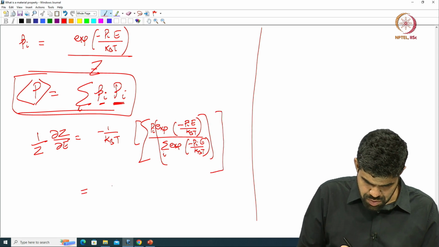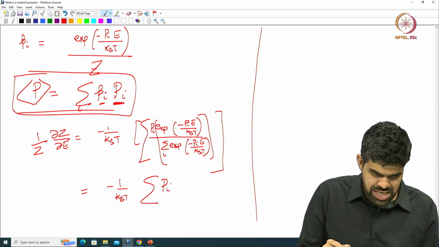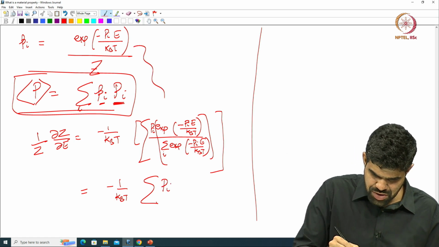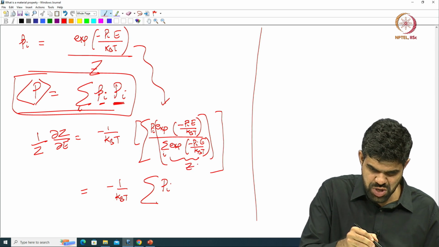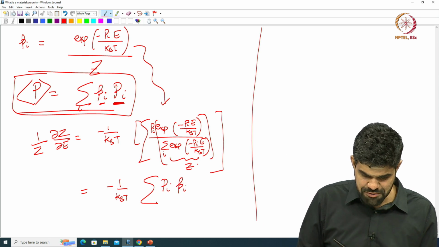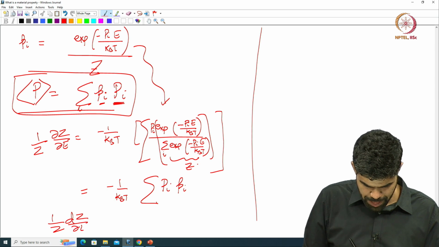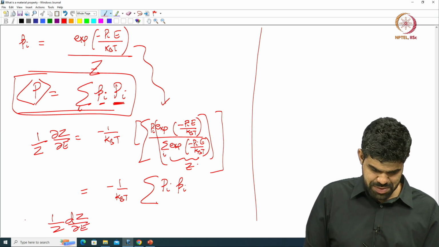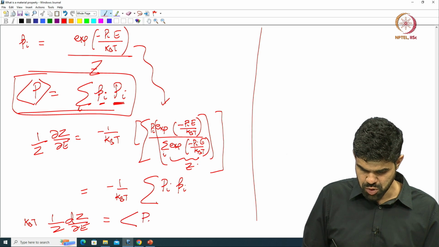That is equal to minus 1 by k_B T sigma capital P_i times small p_i. So this is Z, the partition function, and this is exponential of minus P_i E by k_B T. So that is nothing but small p_i, right. So what I have here is 1 by Z dou Z by dou E times k_B T, which is nothing but your average polarization.